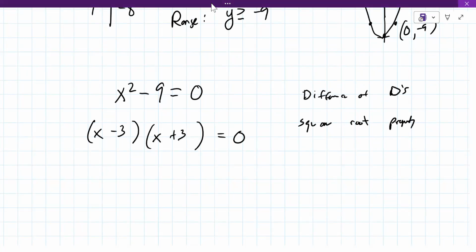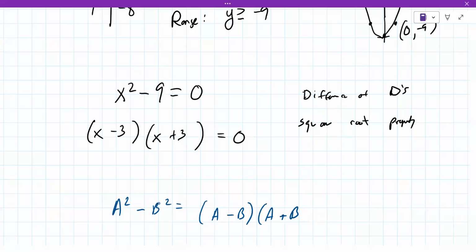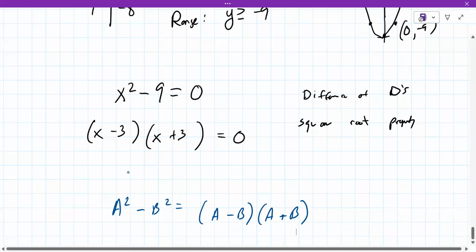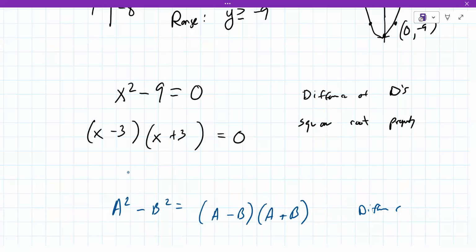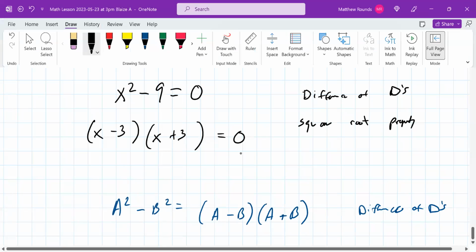Okay, so here's where it comes from. It comes from if you have something squared minus something squared, the first something minus the second something. Oh, that's rate of change. No, this is difference of squares. Looks like rate of change, kind of.